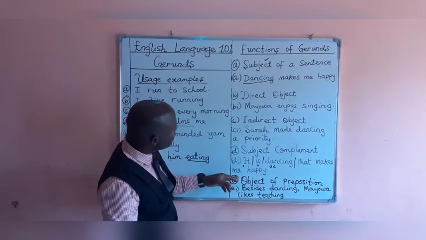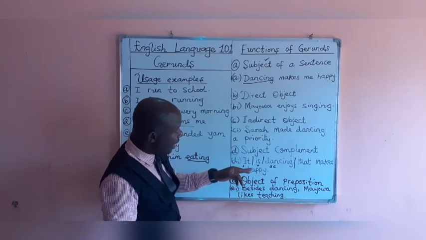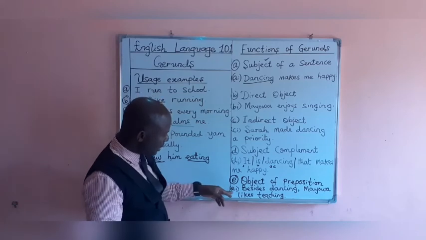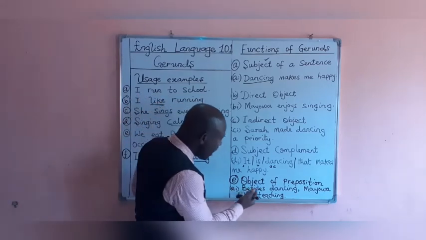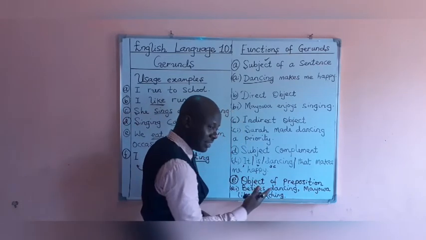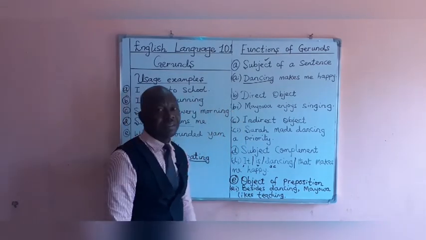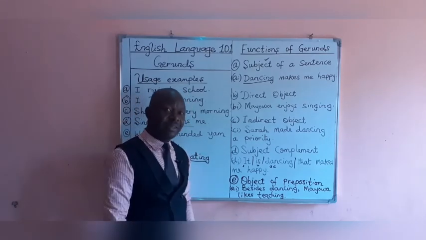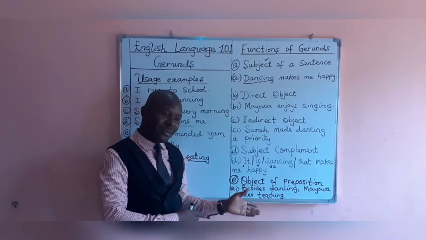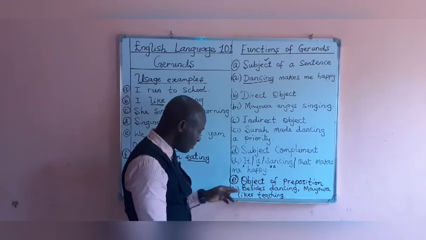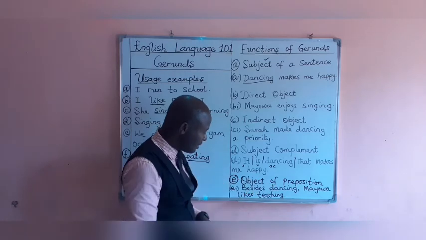Right, we'll go to the last one now, which is object of preposition. Right, let's get the example sentence. Besides dancing, Maiwa likes teaching. And that's true. I love teaching. Besides dancing. It doesn't mean I prioritize dancing over teaching though. Now let's look at the sentence and analyze it. Besides dancing.